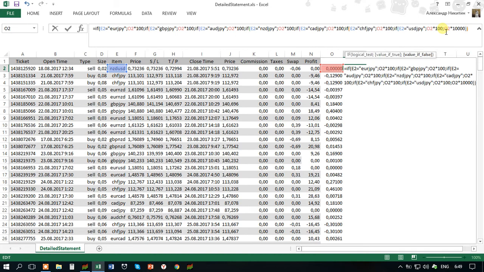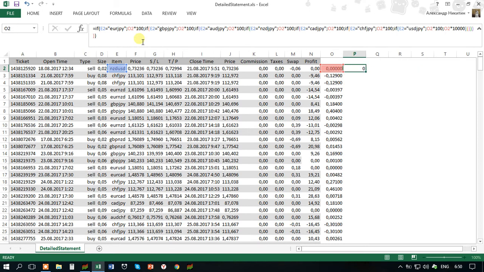Closing this, you see, this moves as well. So I had 1, 2, 3, 4, 5, 6, 7 ifs. I need 1, 2, 3, 4, 5, 6, 7 right brackets to close all my ifs.